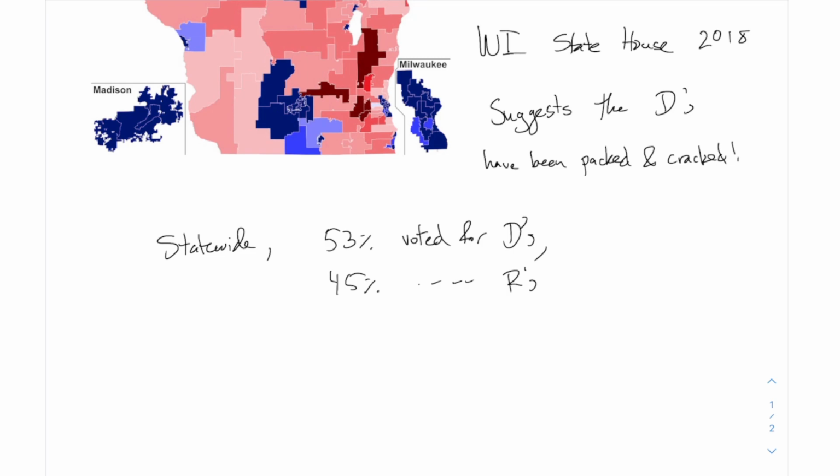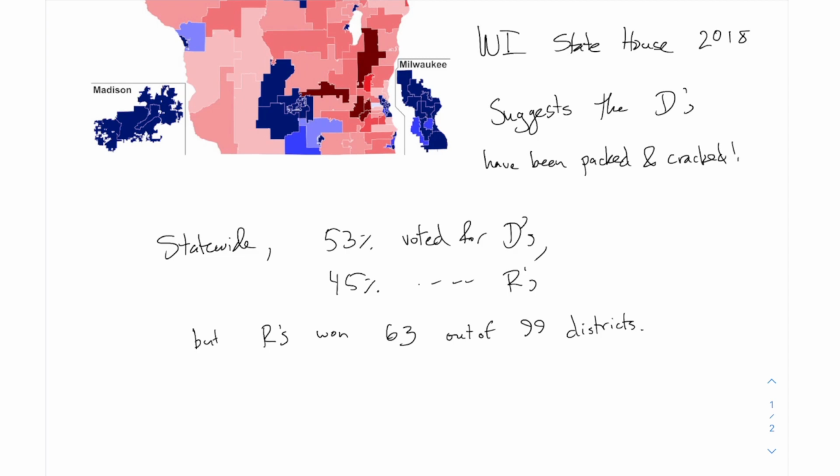But Republicans won 63 out of 99 districts. This, I would say, is an extremely effective map in terms of screwing the Democrats, right? A majority of the people in this state actually wanted Democrats to win, but the Republicans, just because of the way the map is drawn, ended up getting 63 out of 99 of the representatives. All right, so very effective.